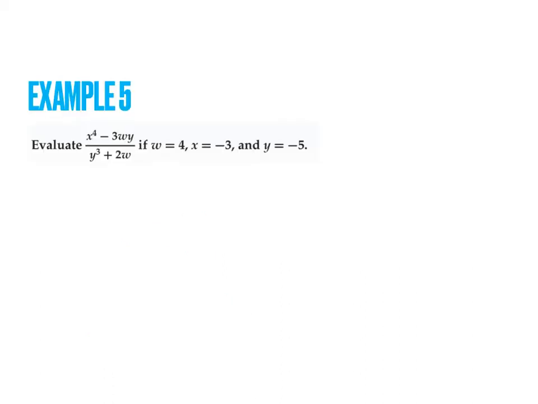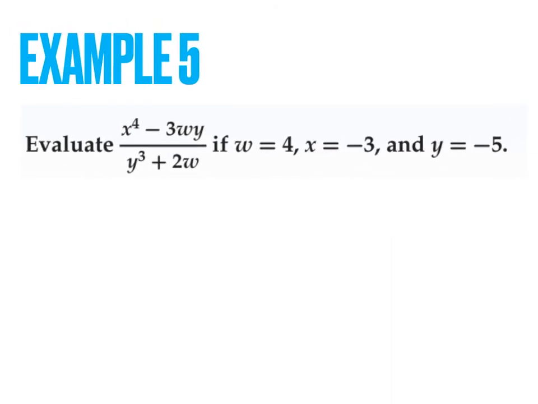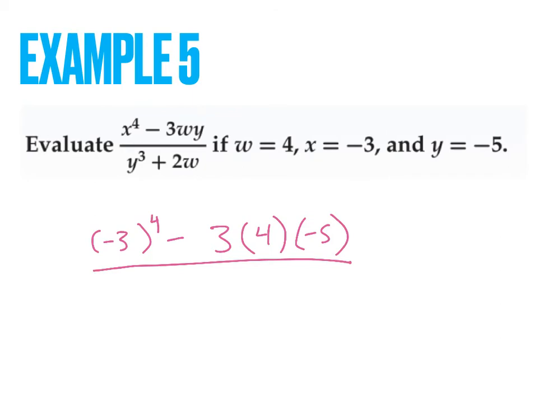All right, last example. What's the first thing we need to do? Plug it in. So we're going to plug in negative 3 for x, minus 3 times we plug in 4 for W, and negative 5 for Y. So again, we plug in negative 5 for Y, plus 2 times 4.